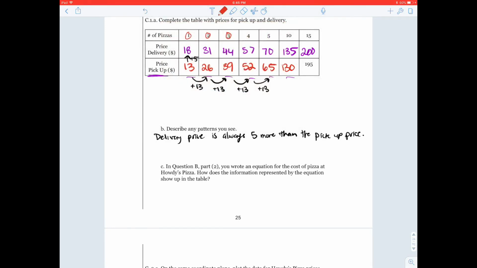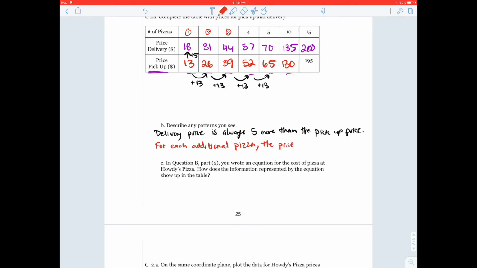So let's write that down as well. So we'll say for each additional pizza, the price increases by 13. Okay.